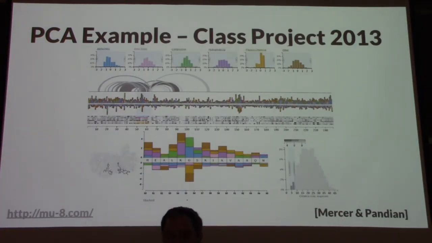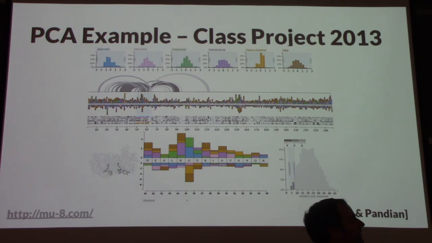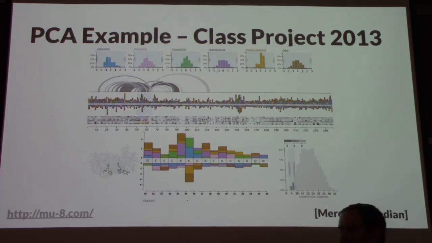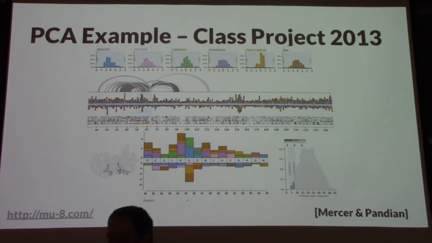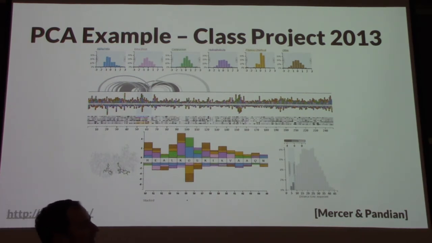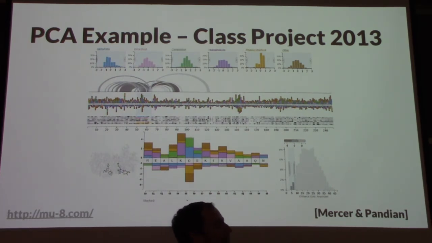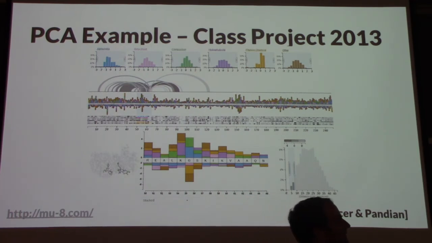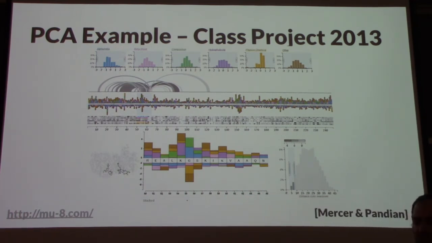This is an example from a class project that was done when I taught this class in 2013. What these students did is look at an amino acid sequence to predict which kinds of sequences produce functional proteins.